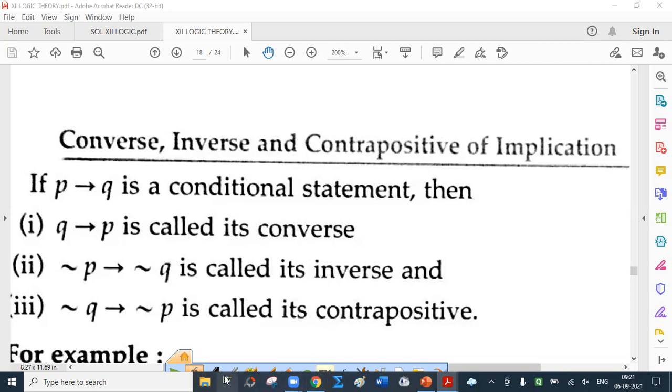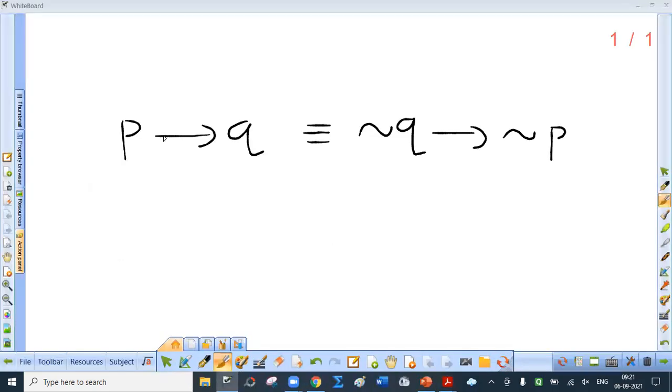So by constructing a truth table, we can verify that a conditional statement, that is implication, is logically equivalent to its contrapositive. I repeat, an implication is logically equivalent to its contrapositive. So this is an important part.